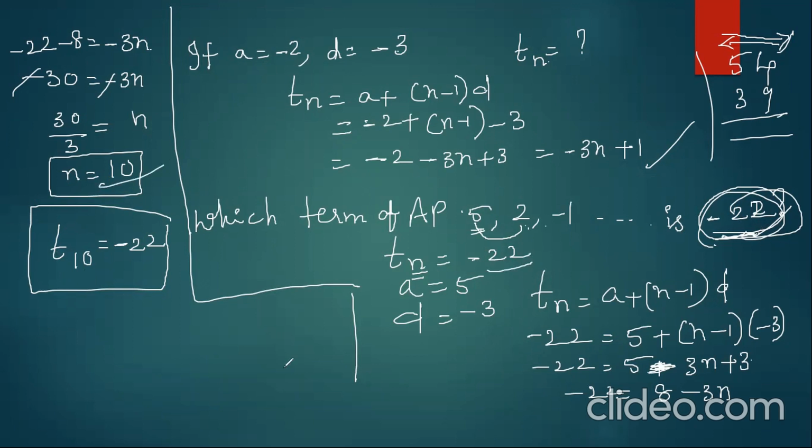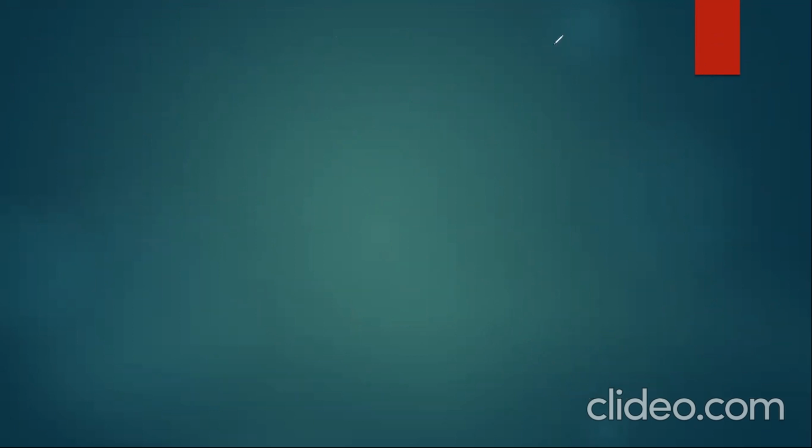Let me move to the next part of the AP. Now we are using the terms. I am taking the series 5 plus 2 minus 1. Here I am using this series like this.